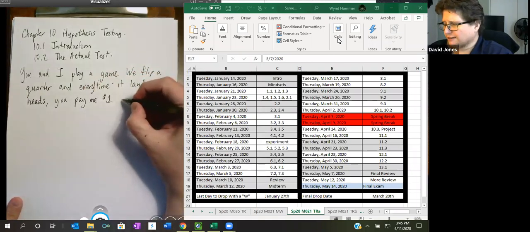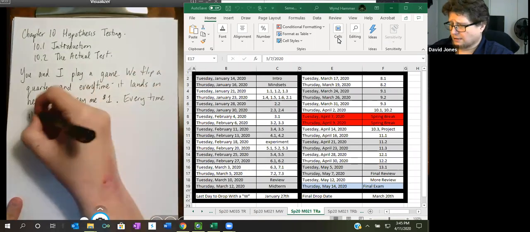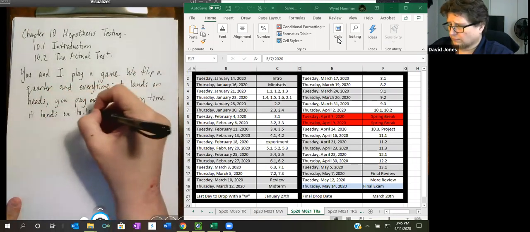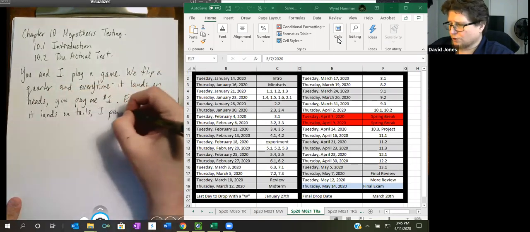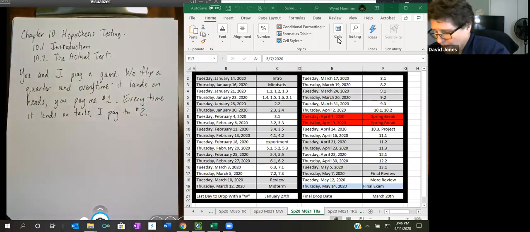And since I'm feeling generous, every time it lands on tails, I pay you $2. I think I'm a better flipper than you. I can flip better. And I get to be the one that flips.